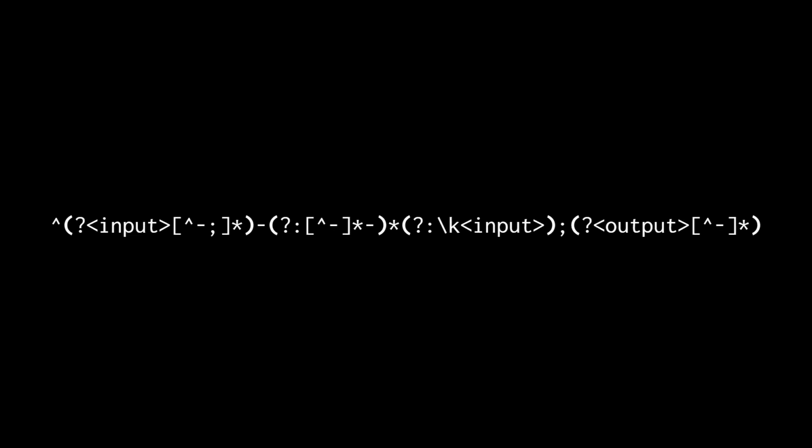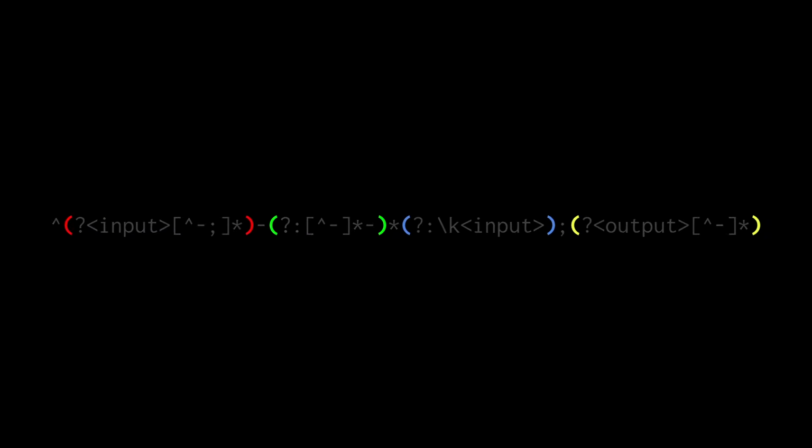All right, so this is a dictionary lookup regex, okay? It looks intimidating at first, but we're going to break this down letter by letter and figure out what the heck it means, okay? The first thing you notice is that there are 4 sets of brackets, which means we have 4 subgroups. We also see characters in between those subgroups, but notice the dash and the semicolon are characters, but that star is not a character.